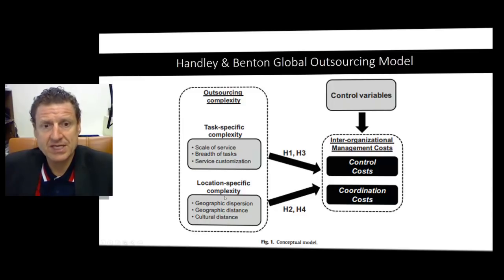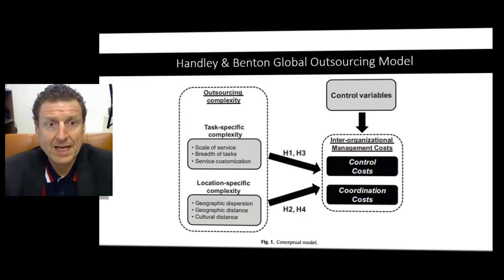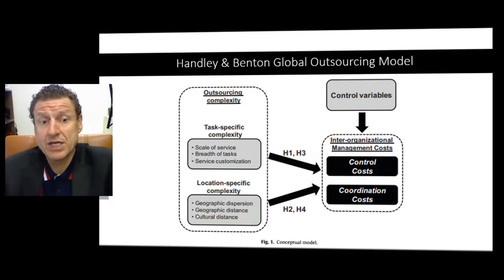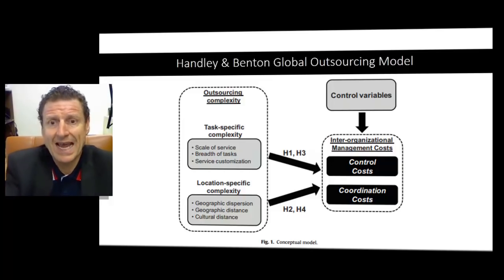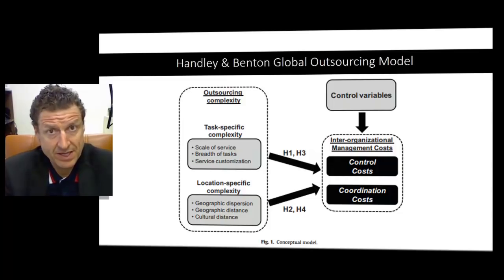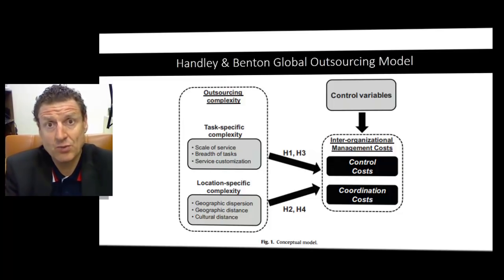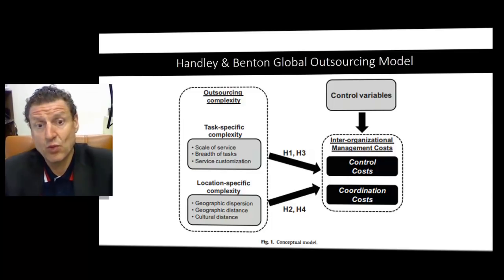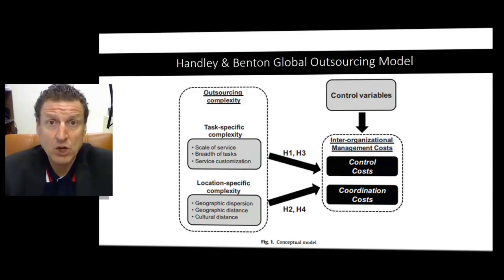So we could actually take some pointers from this study going forward. As you can see, Handley and Benton have already looked at geographical distance, culture distance, and control costs and coordination costs. Now we are looking at similar things. We're actually looking at control mechanisms and not the costs per se, but we are looking at a range of independent variables which are similar to what Handley and Benton have looked at.